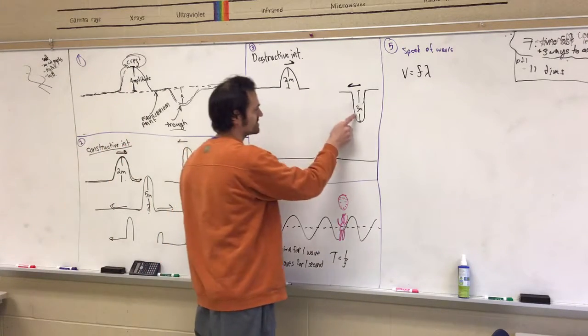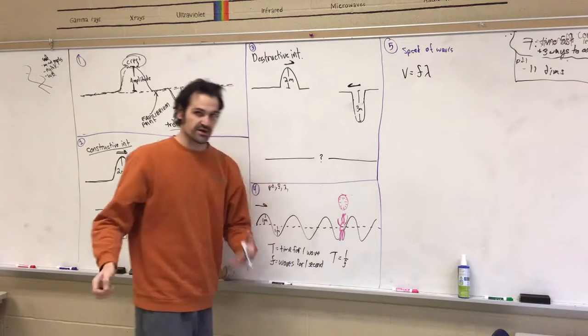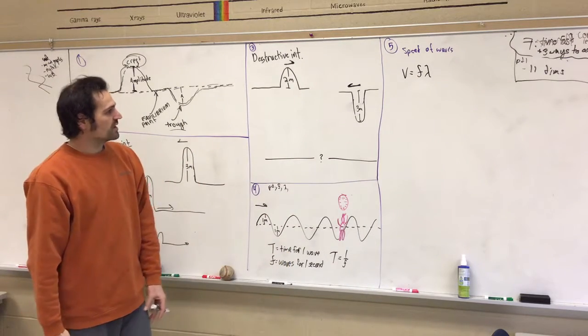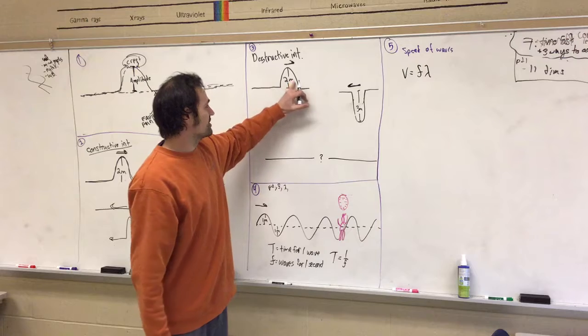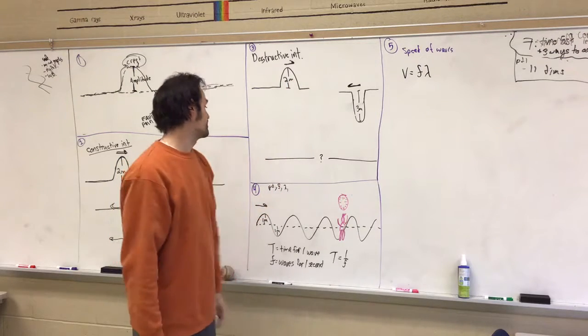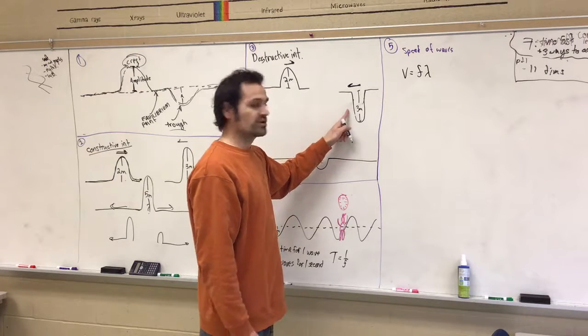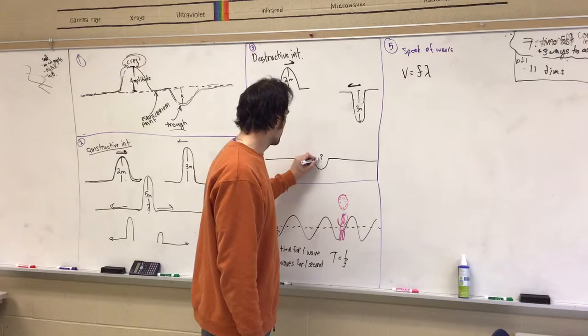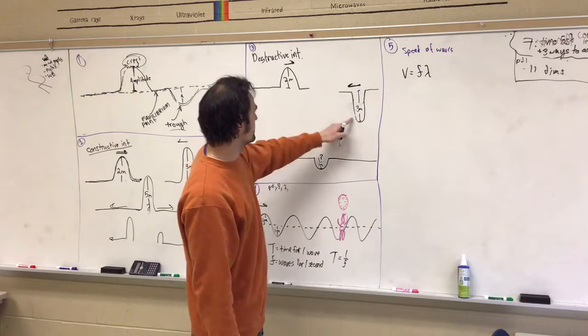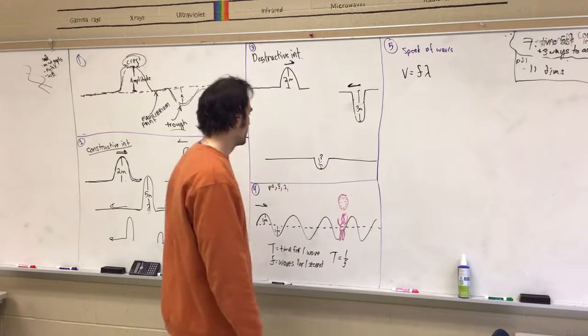Since they're not the same magnitude in their amplitudes, the 3-meter wave is slightly more significant than the 2-meter wave. So that 3-meter wave is going to win by 1 meter. So you're going to have a wave that has 1 meter in amplitude, but it's more down than up.